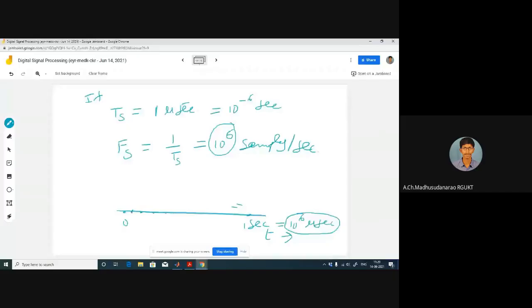For every 1 microsecond, I am taking a sample, and I have 10 power 6 such microseconds. In total, 10 power 6 samples I am taking per second. The number of samples per second corresponds to the sampling rate. This is called the sampling rate. This is called the sampling period. See, samples per second.